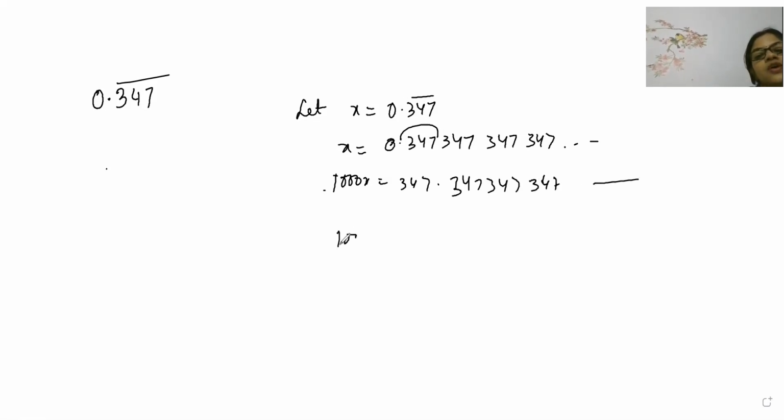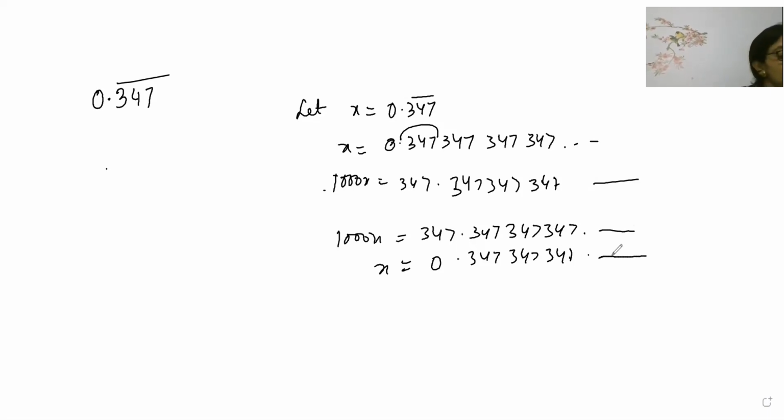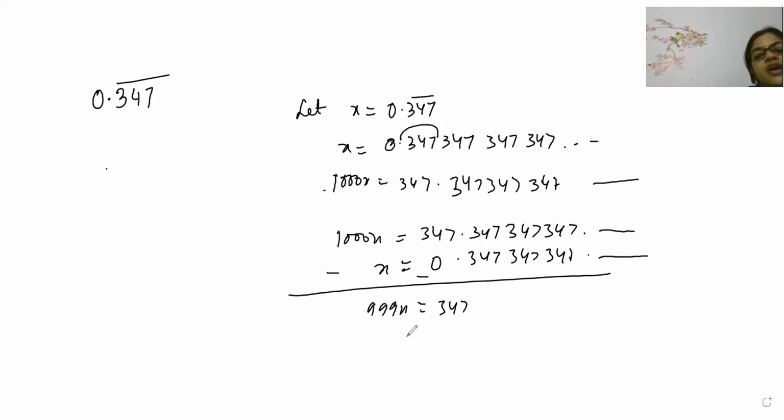Now subtract: 1000x minus x, 347.347347 minus 0.347347, and so on. So this one will become 999x is equal to 347. So x will be equal to 347 by 999.